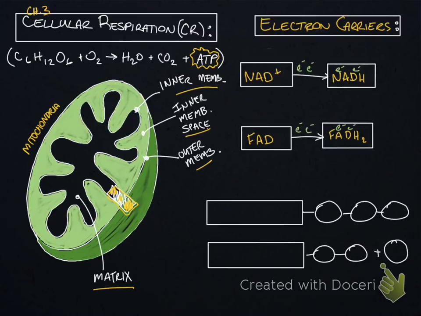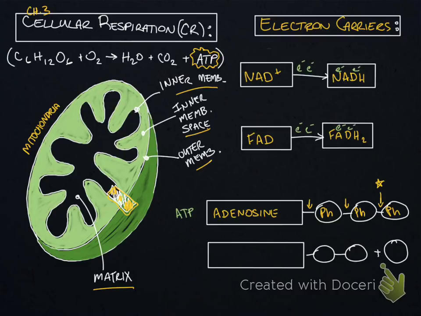So what is ATP? ATP is adenosine triphosphate, meaning it has 3 phosphate molecules attached to an adenosine. And the energy is held within the bonds of the phosphate, the most being within the last one.